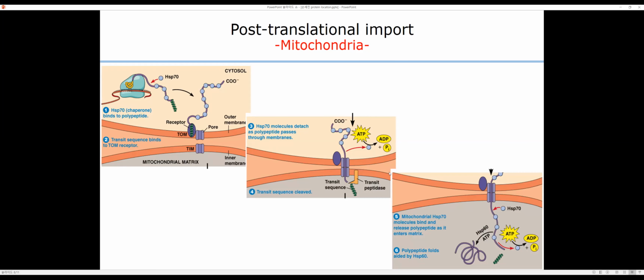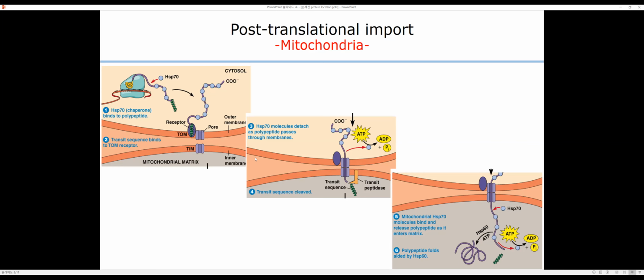There may be another carrier which can move this protein through this channel and into the matrix area. That's also possible. Then this whole thing goes in, and they are mitochondrial matrix proteins.